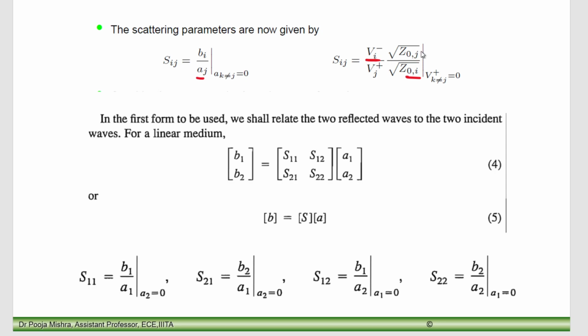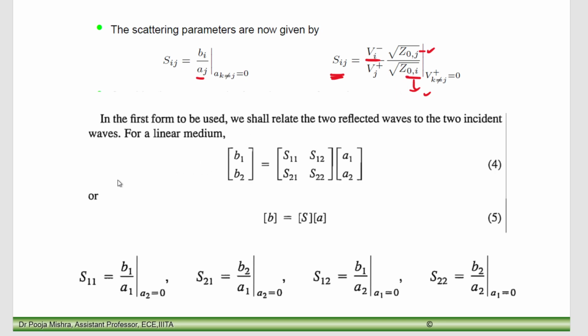Now see, these are the characteristic impedances at the jth port and the ith port. If both the impedances are the same, then this is equal to Vi minus over Vj plus. Since we have considered that characteristic impedances are different, the scattering parameter from j to i will be equal to Vi minus over Vj plus times under root Zoj divided by under root Zoi.